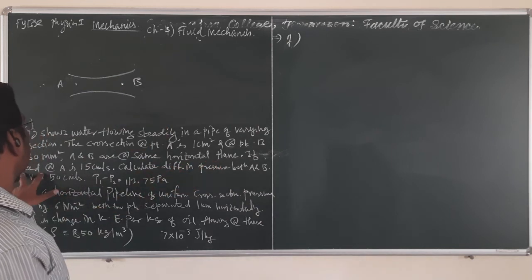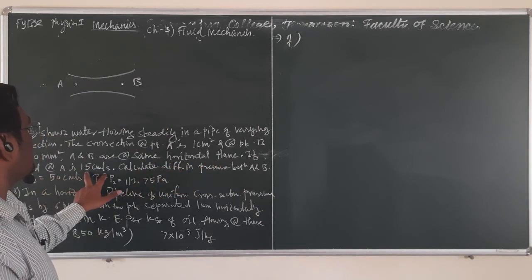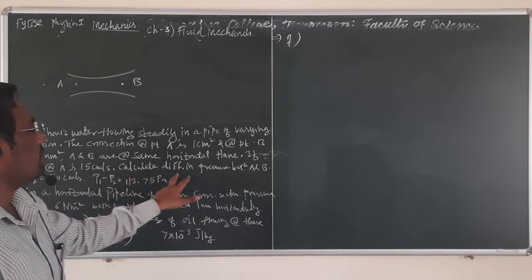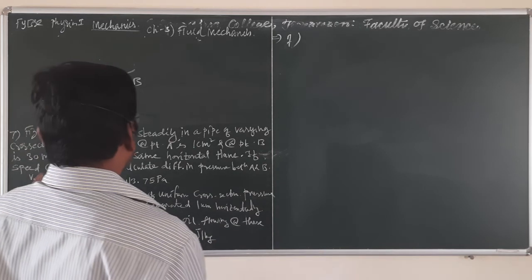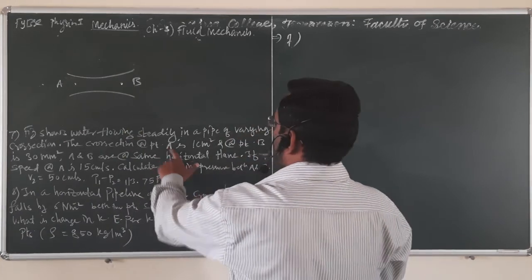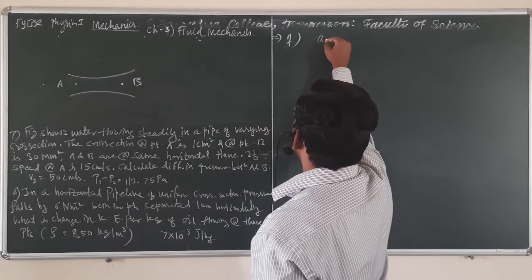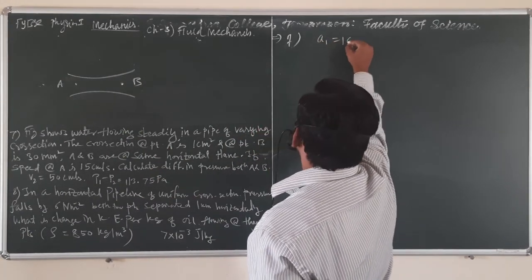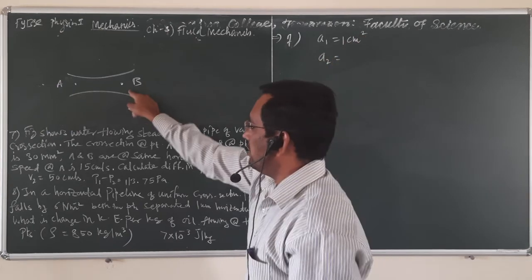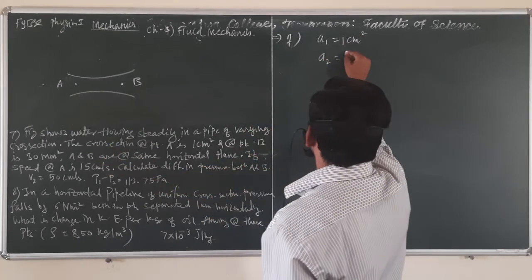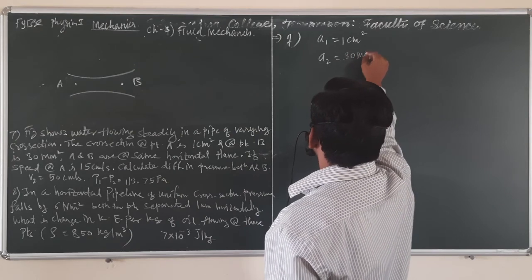If speed at A is 15 centimeter per second, calculate the difference in pressure between A and B, that we have to find out. So first of all, given: the cross section area at point A, we are calling that area A1, which is 1 centimeter square. A2, which is at point B, the cross sectional area is 30 millimeter square.